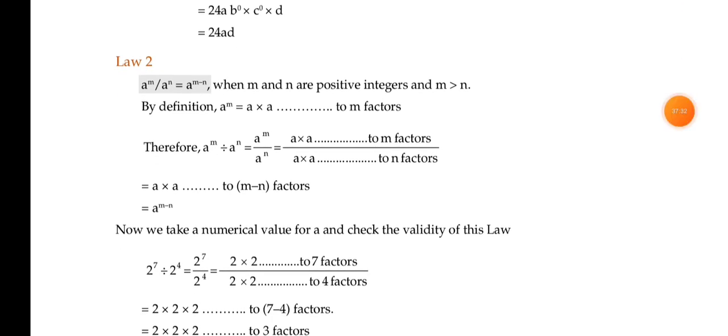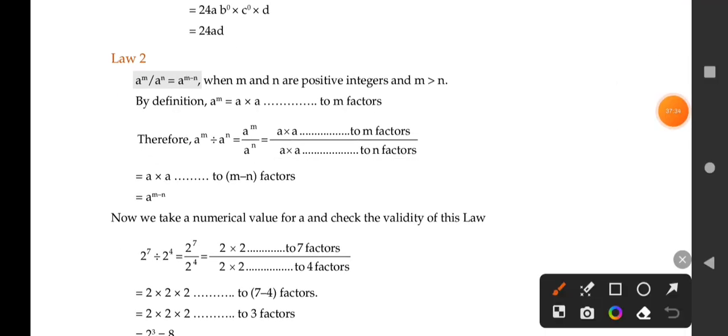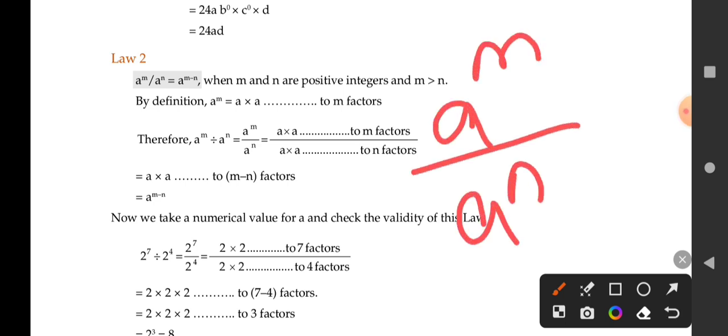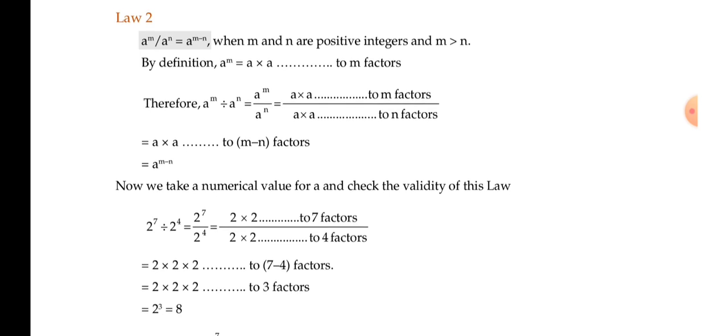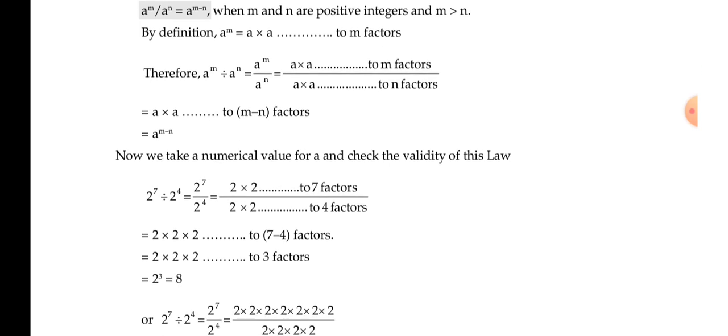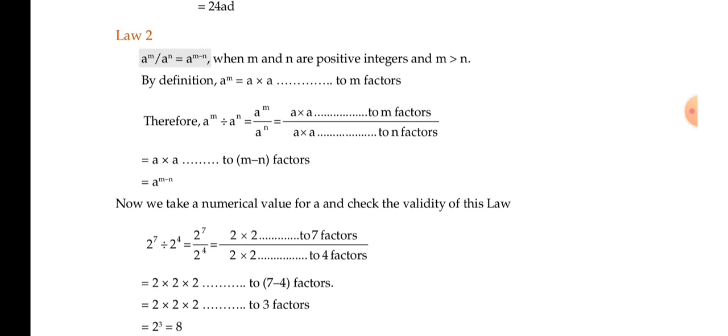Correct. Law 2 I have already taught you. What is it? A power m divided by a power n is equals to a power m minus n. Here it is given that m and n are positive integers where m is greater than n.